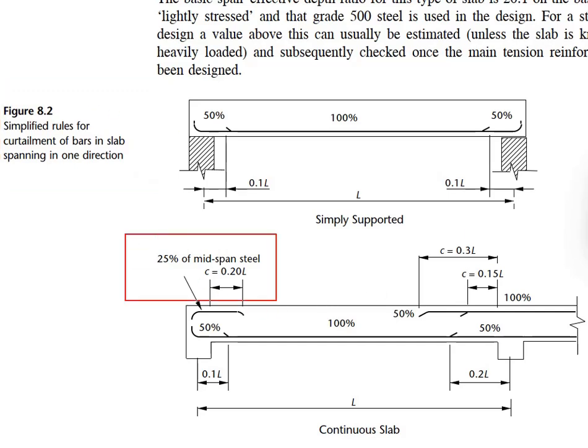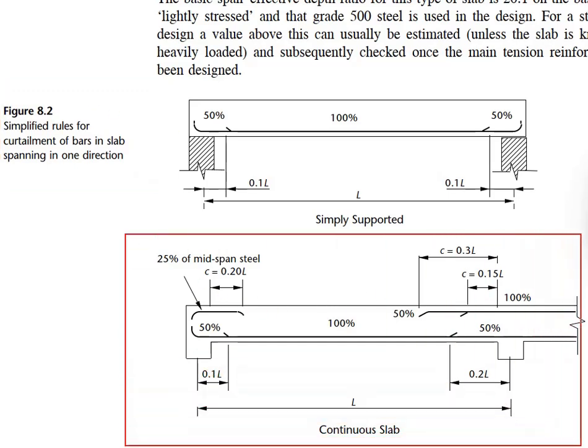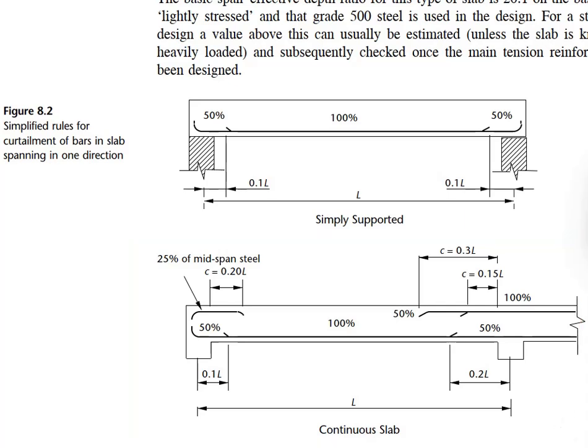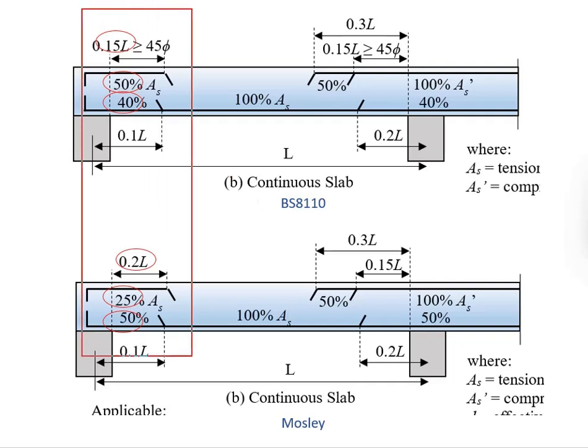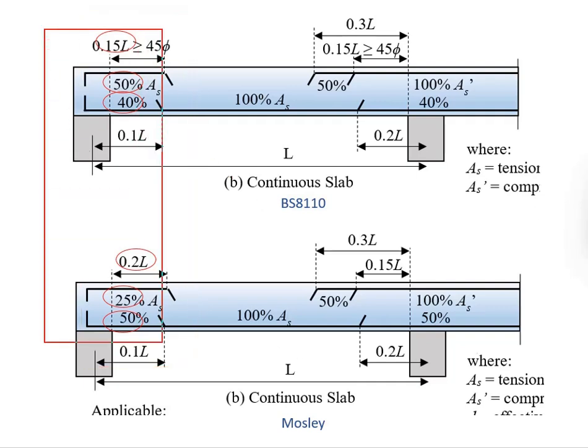The simplified rules for the continuous slab is illustrated here. The two approaches, although they look similar, have some areas of differences. I have sketched it in order to show the differences, which normally happen at the end support.